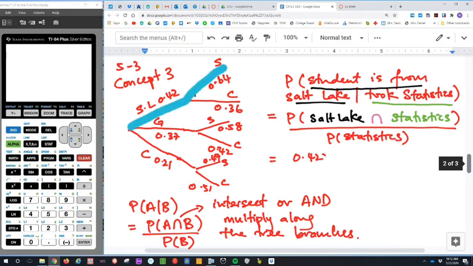Following the tree diagram, it's 0.42 from Salt Lake times 0.64 for statistics, divided by 0.5863, which we got from our previous concept 2 problem. So the answer is 0.4585.